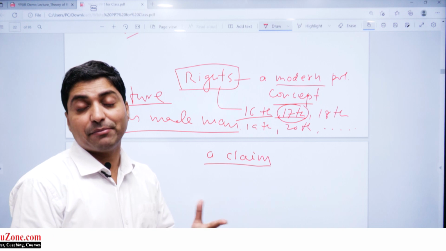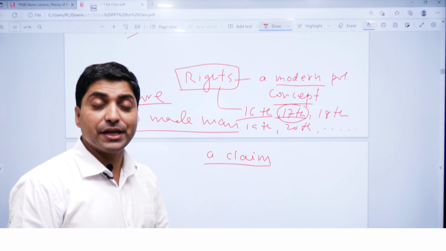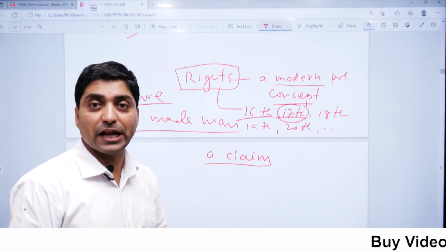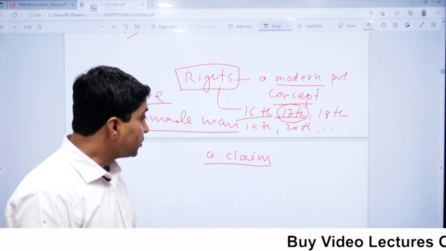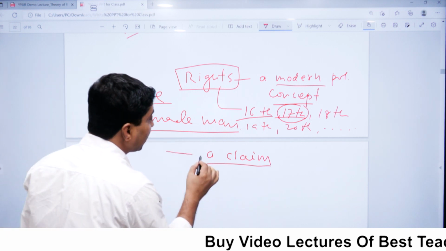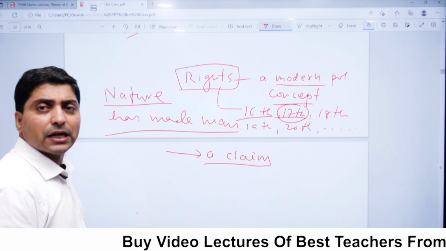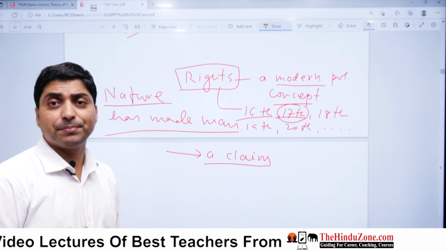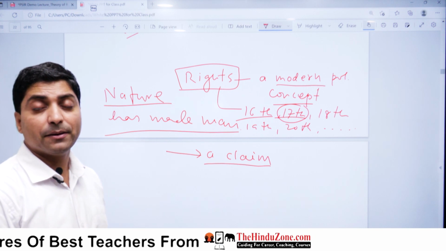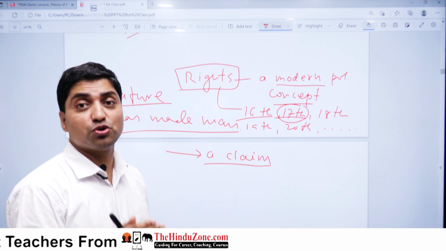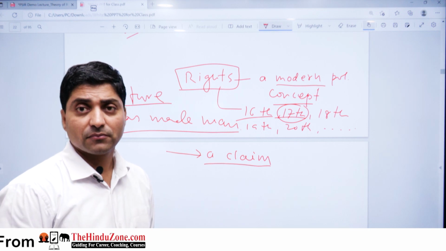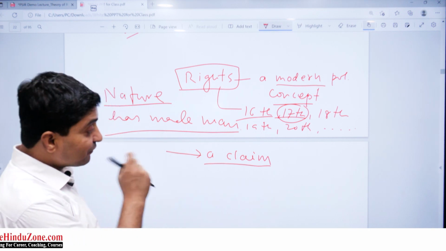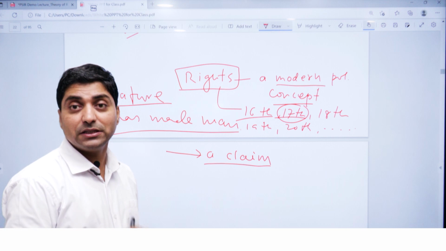Several claims I have, and not only me, everyone has several claims. So you can say right is a claim, but here it's not fully defined. There are many groups or many people who are unable to claim, but it does not mean right does not belong to them. Then this definition will not be suitable.